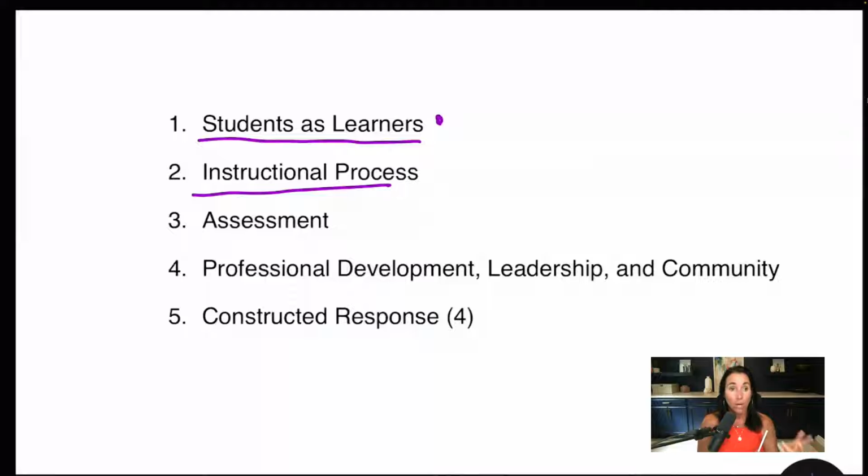Okay. Now, bad words when it comes to instructional process are going to be anything negative, but also like calling home to tell on students, relying on parents to convey expectations to their students, anything drill and practice, although I do believe drill and practice works on a lot of things.